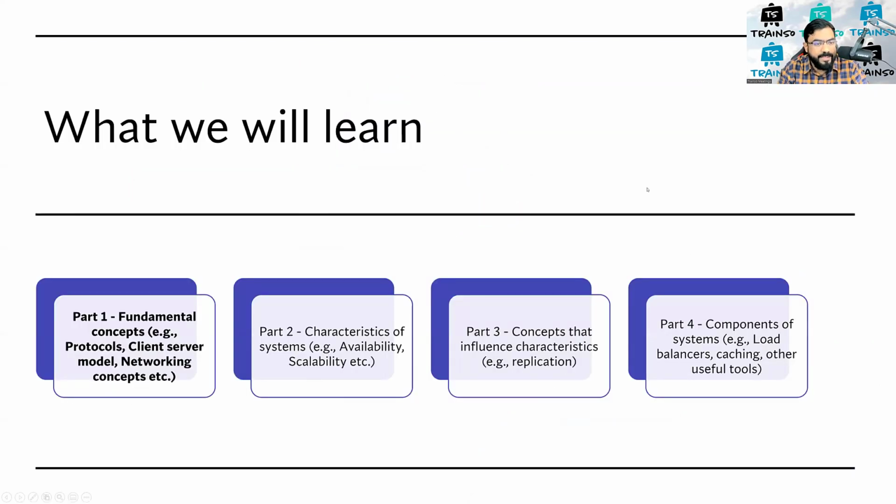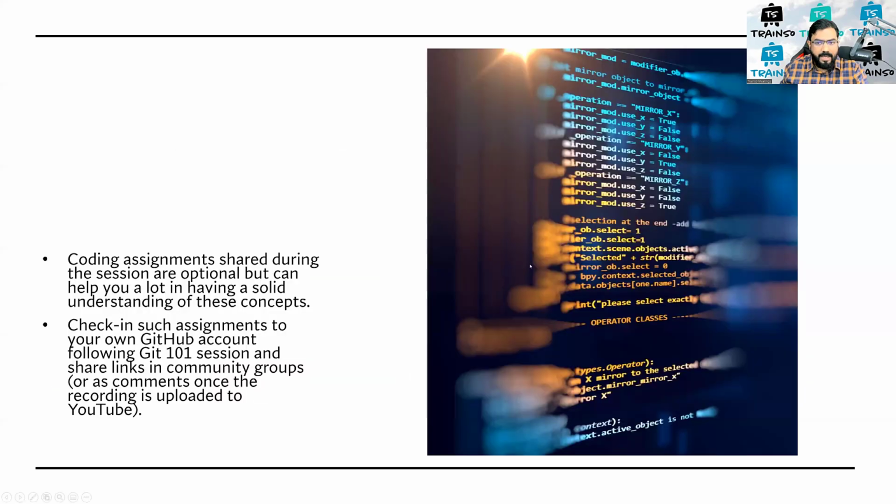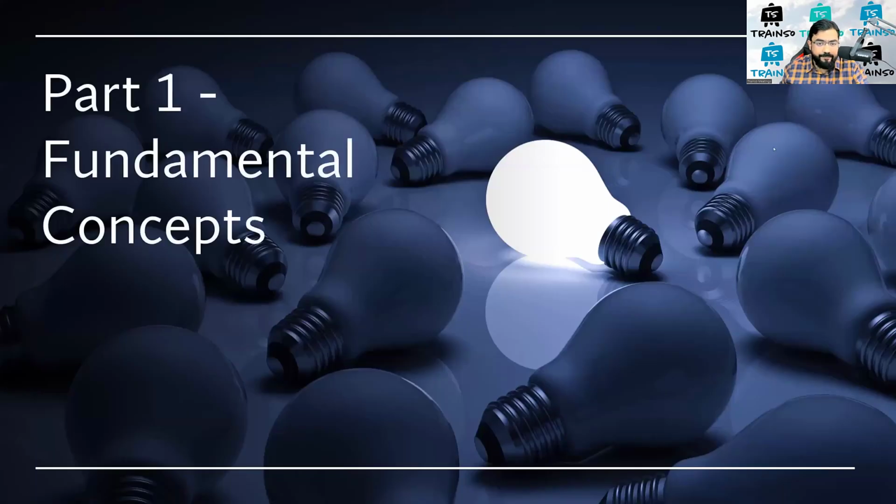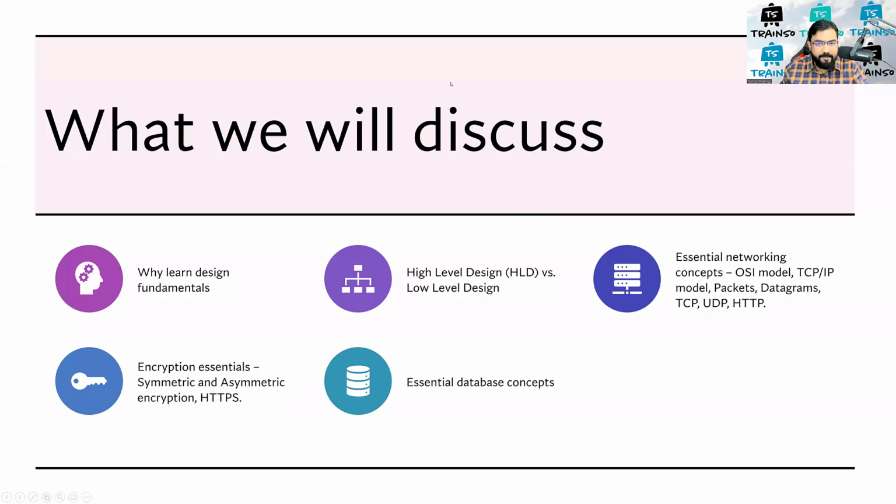What are we learning as part of this tech series? In part one, we learned about protocols, client-server model, networking concepts, CAP theorem, behind-the-scenes working of HTTPS, and a lot of core things. And in part one, we had few coding assignments and other kinds of assignments, which you had all done and shared in our YouTube channel as comments.